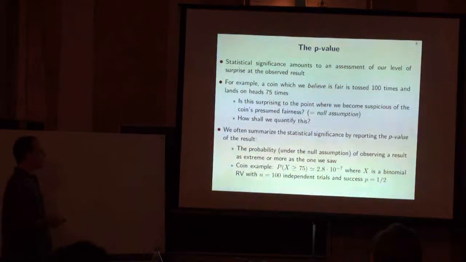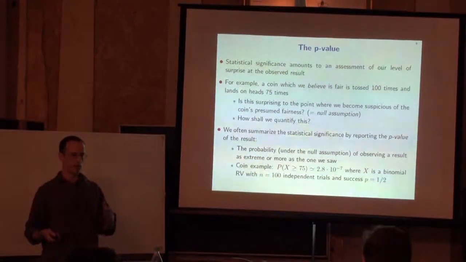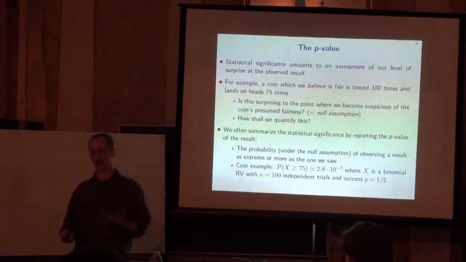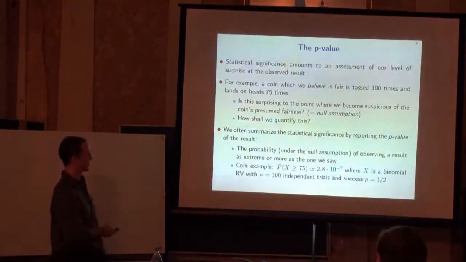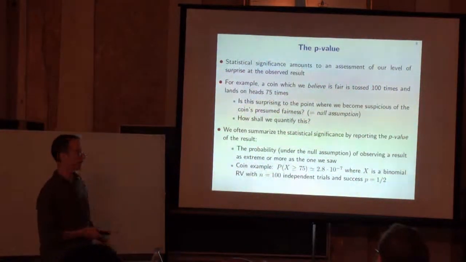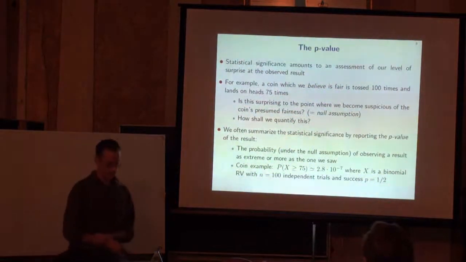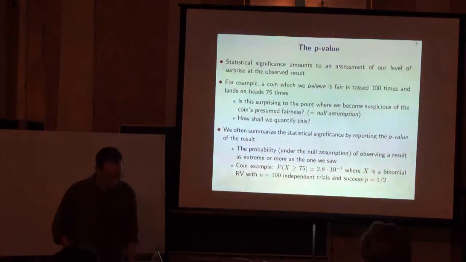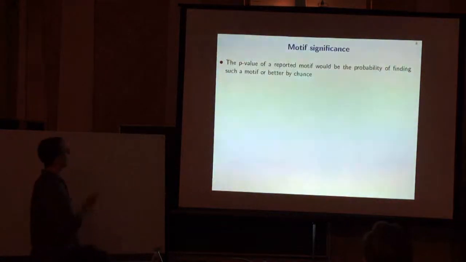In this coin example, under the null assumption that this is a fair coin, the probability of heads is 1/2. We have 100 tosses, so 100 independent trials where the probability of success in each one is 1/2. That's a binomial random variable, and we are asking, what's the probability that this binomial random variable had 75 successes or more? That's the p-value.